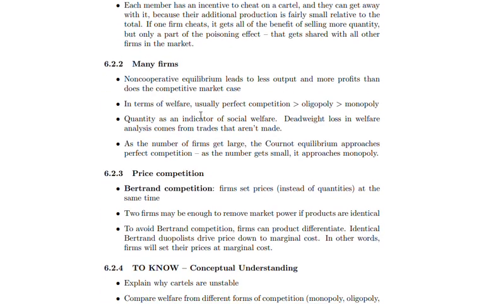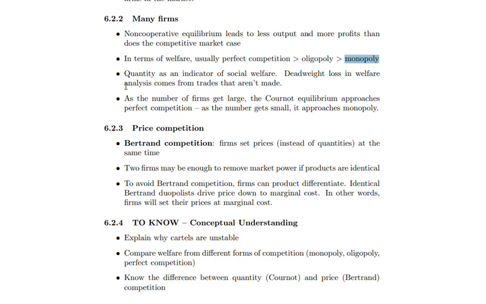How about many firms? Non-cooperative equilibrium leads to less output and more profits than does the competitive market case. Less output and more profits, remember it. In terms of welfare, perfect competition is greater than oligopoly, and greater than monopoly.